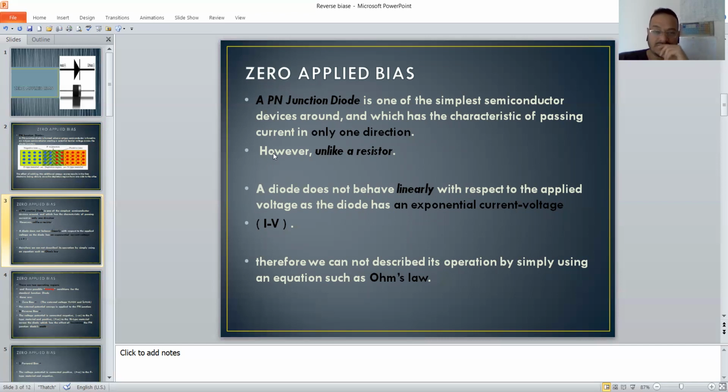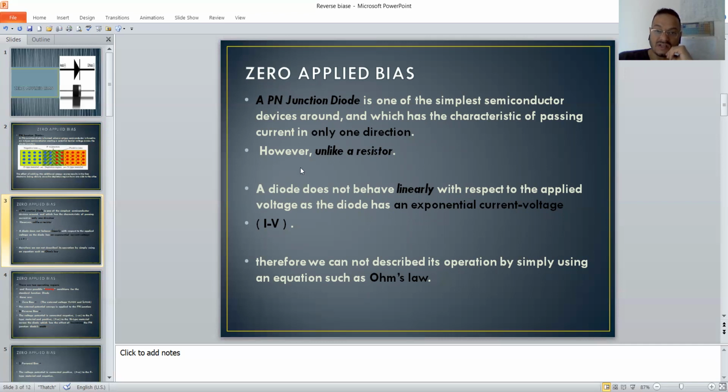Take a simple idea about this diode, because it's very important, and at the same time it has many kinds, like I said in this lecture: zero bias, forward bias, and reverse bias, and how we can deal with all of them and take some benefits from these phenomena.